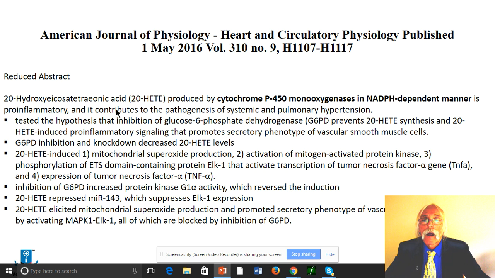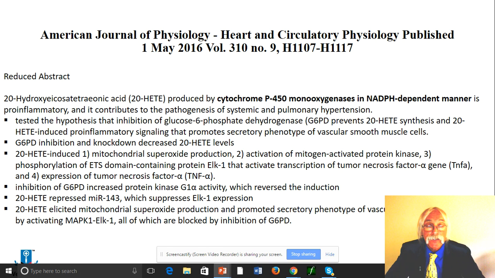All right. Now, they tested in this research the hypothesis that inhibition of the dehydrogenase prevents 20-HETE production, and 20-HETE production induces pro-inflammatory signaling that promotes secretory phenotype of vascular smooth muscle cells. So they want to test whether if you inhibit this, which we basically understand the logic there.